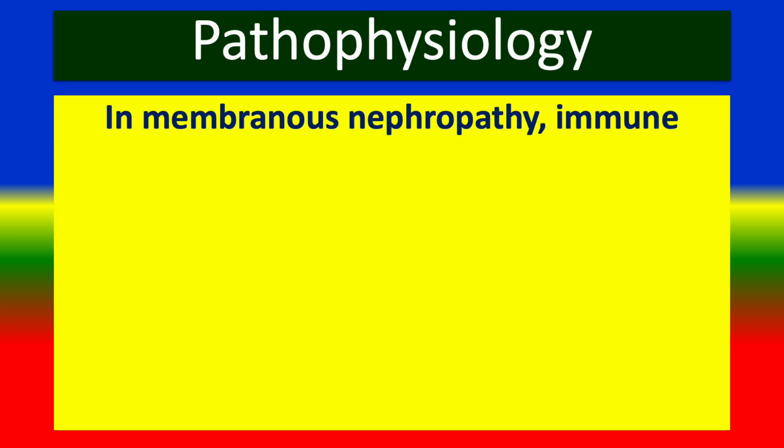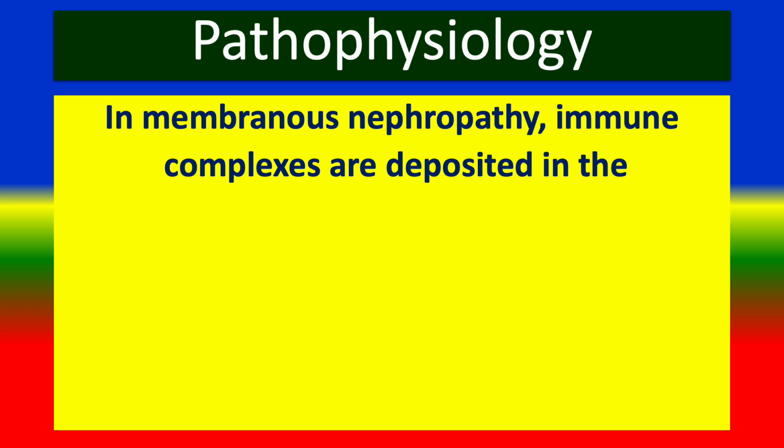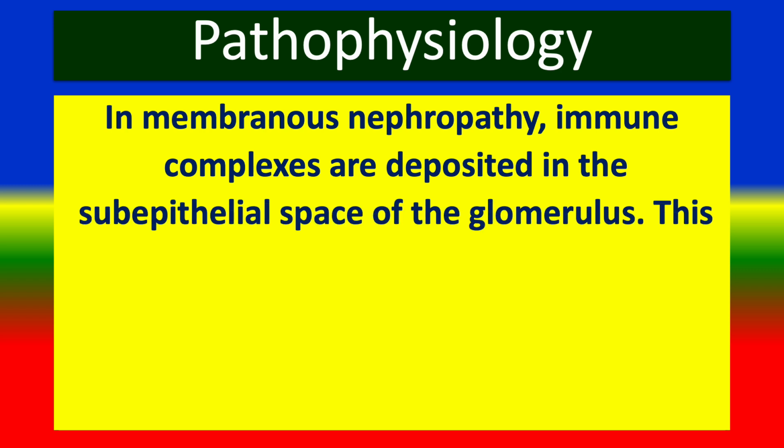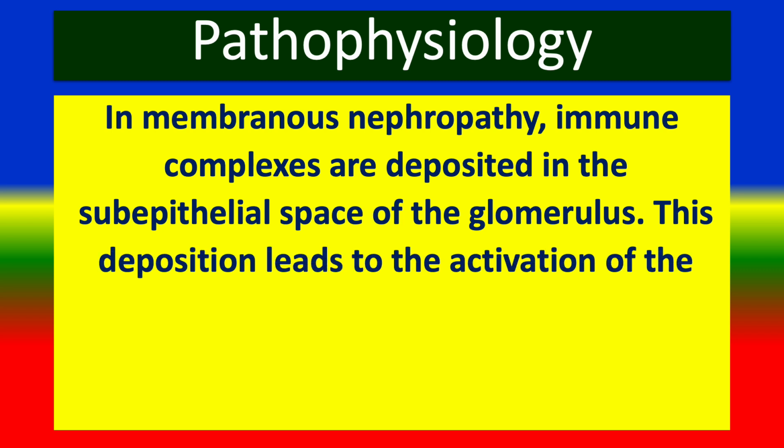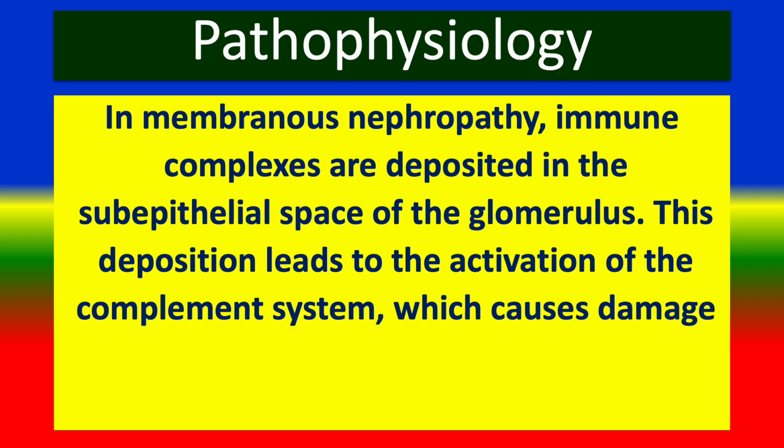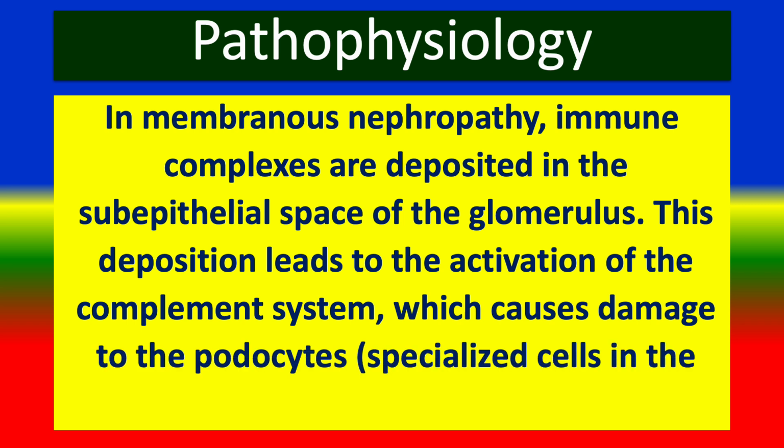Pathophysiology. In membranous nephropathy, immune complexes are deposited in the subepithelial space of the glomerulus. This deposition leads to the activation of the complement system, which causes damage to the podocytes.